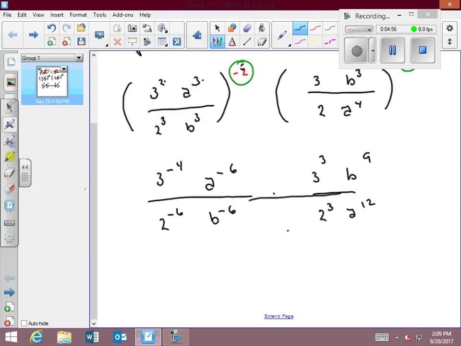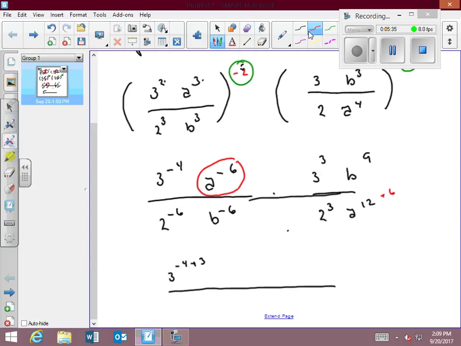Now, what I want to do is I just want to combine the bases. And I'm going to start with that 3. And what I have to do is add the minus 4 and then add the 3, right? Now, the a's, if you take this a minus 6, it actually has to go into the denominator as a plus, doesn't it? And be added down here.